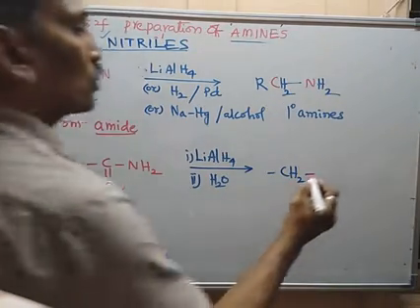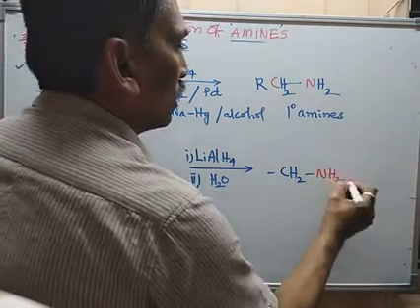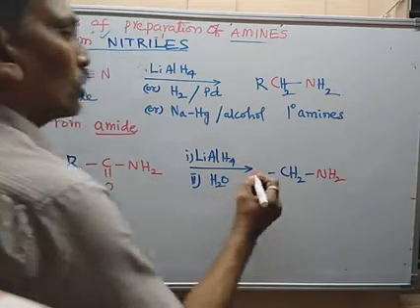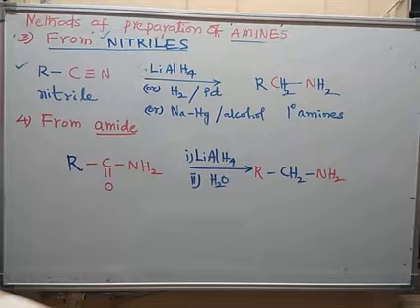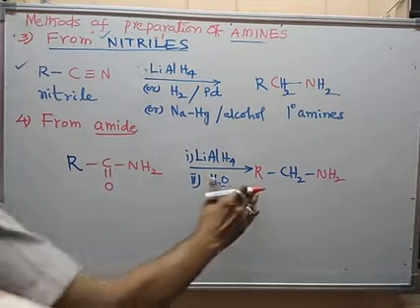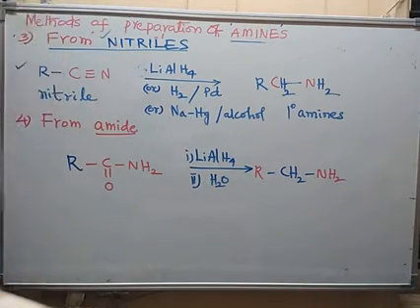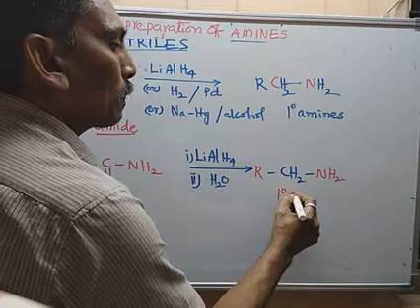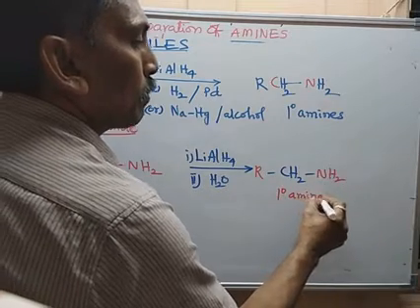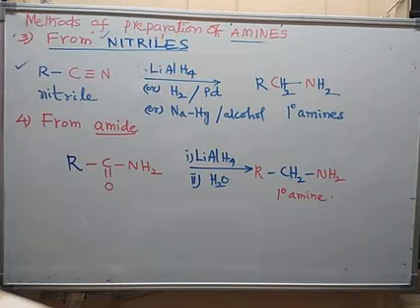NH2, no modification. Then R, no modification. The change is CO becomes CH2. And this RCH2NH2 is nothing but a primary amine. That is sufficient. No other things required at this stage.